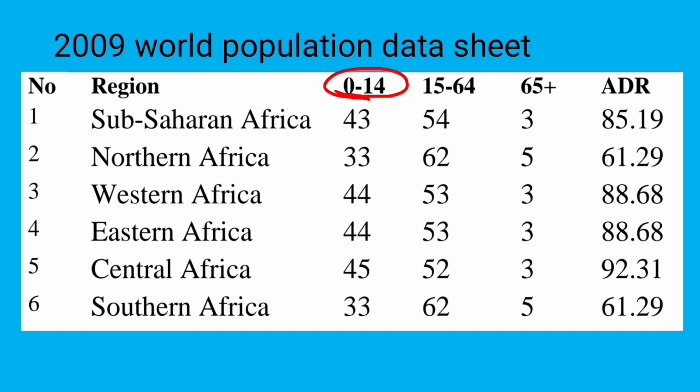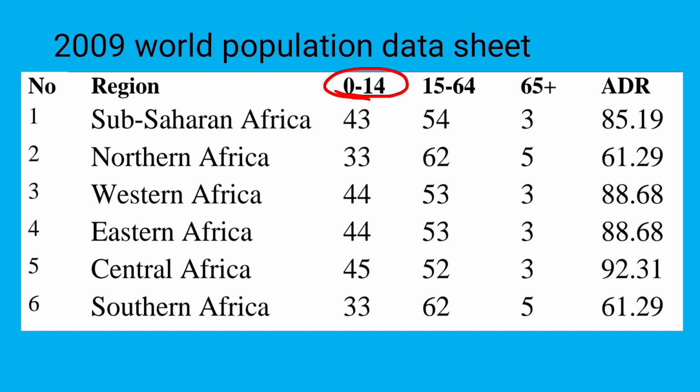The dependent elders, more than 65 years, were only 3%. The age dependency ratio of this region is about 85.2.